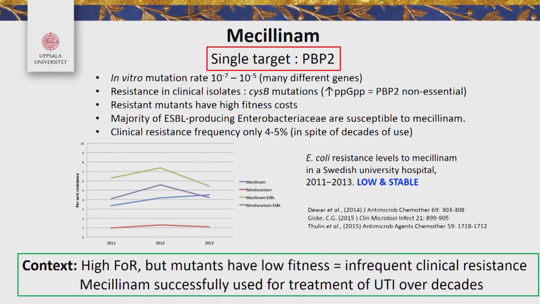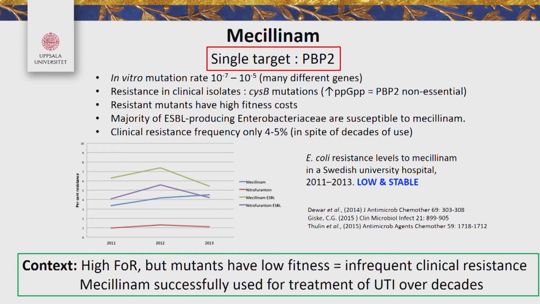Another example here is mecillinam, which is a beta-lactam type antibiotic, but is a single target, PBP2. This was, again, already talked about. The frequency of resistance is extremely high, and the resistance in clinical isolates is due to inactivation of cysB, which results in upregulation of PBP1B, and that renders PBP2 non-essential.